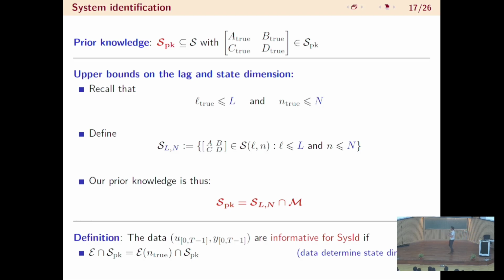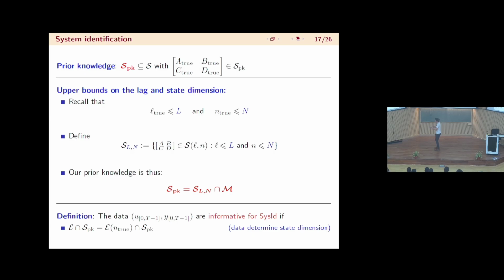Well, using that, we had the following definition. So the data U, Y are informative for system identification if two properties hold. So the first property is that on the basis of the input-output data, one is able to determine the state space dimension of the true system. Let's have a look at what that means in terms of formulas.